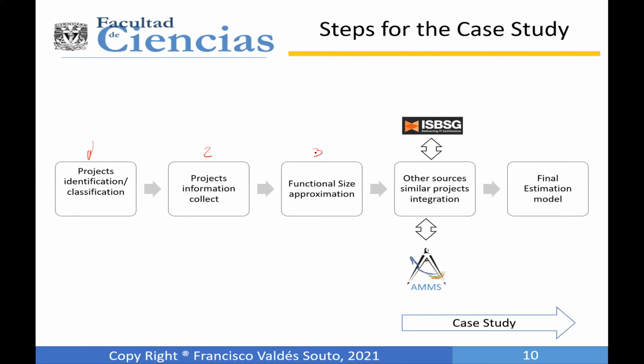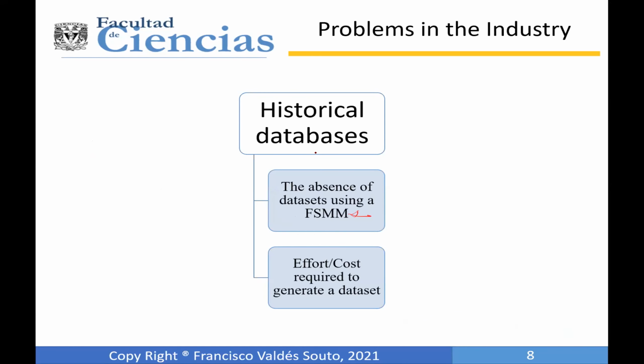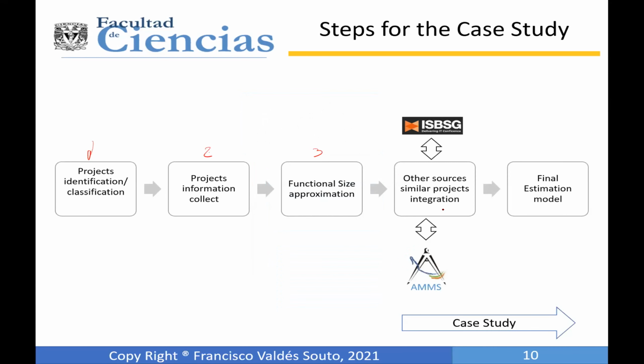Why the functional size approximation? As we have mentioned here, identifying or generating a data set requires effort and cost. So if we use functional size approximation, we can reduce that cost.